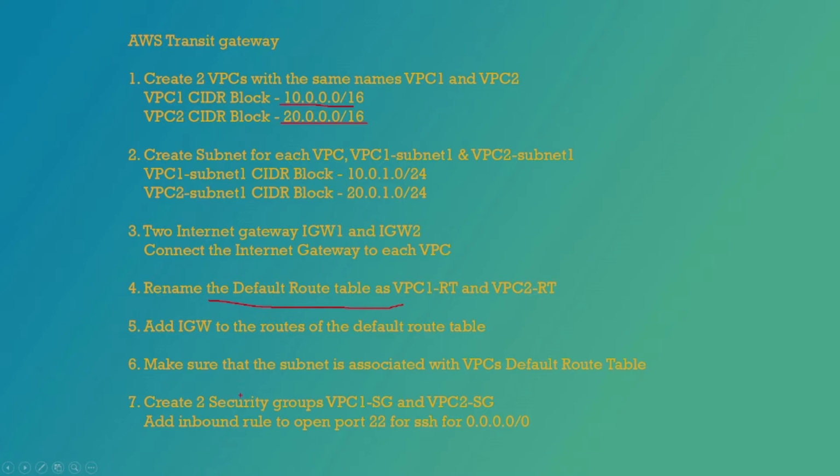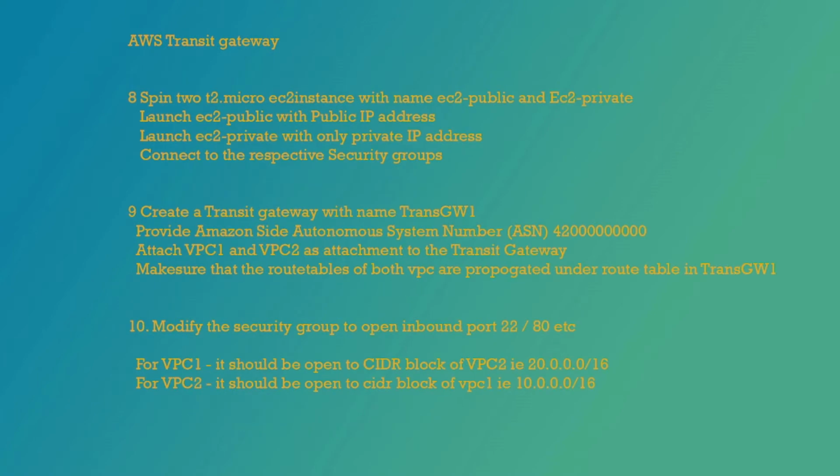Then you need to create two security groups, one for VPC1 and one for VPC2, and add an inbound rule to open port 22 for SSH or any other port that you wish. Then you need to spin up two EC2 instances.